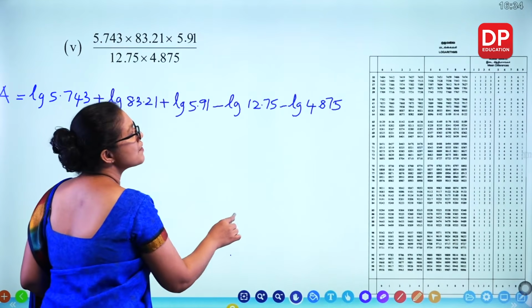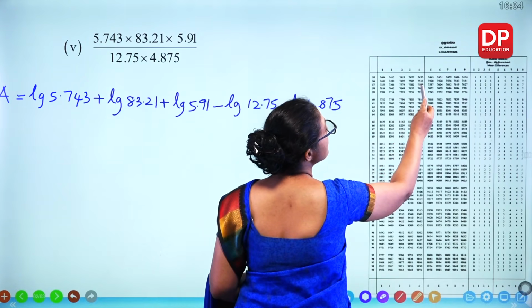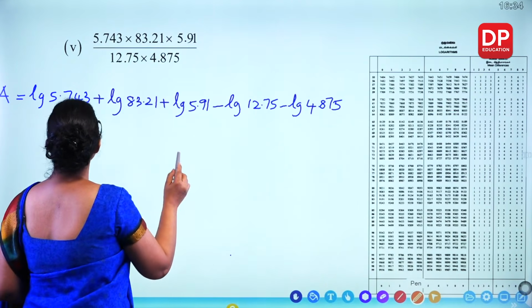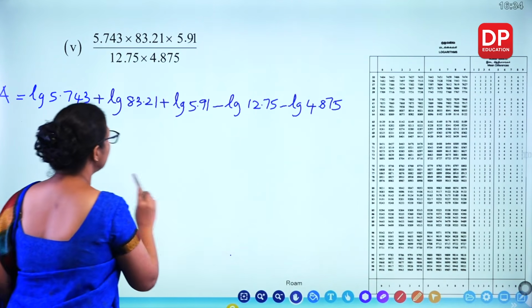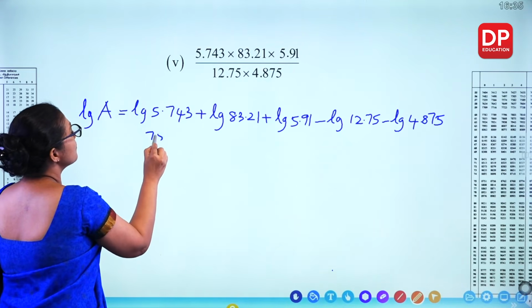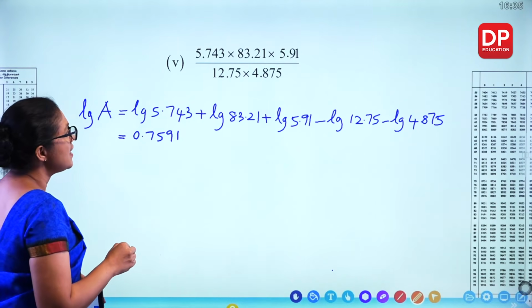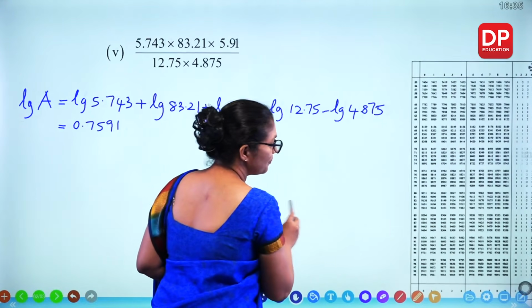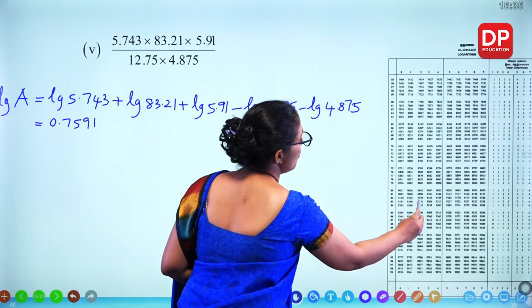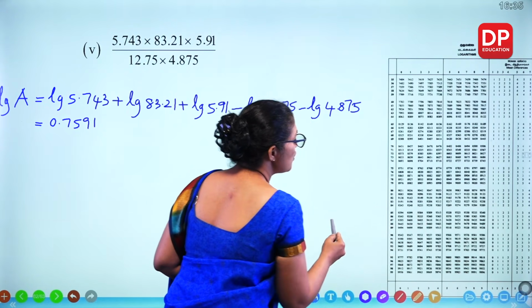57.43. 57, 4 and 3 is 2. 75.91. And here 0 is the characteristic. 83.21. 83.2 and 1 is 1. 92.02.